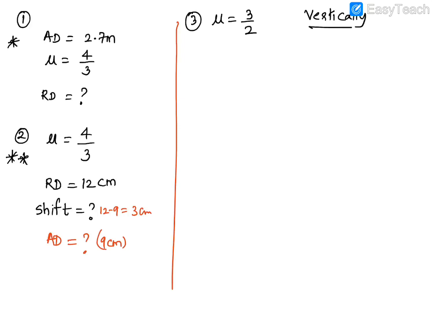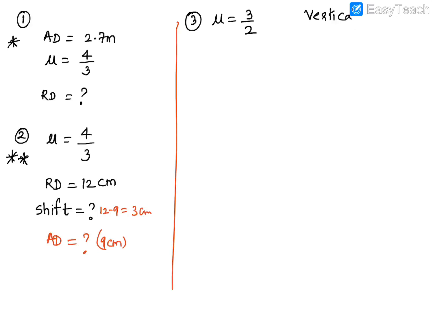When they say vertically above, the question is whether you're looking perpendicularly, normally from above, because then there will be no refraction in that case. Anyway, guys, we'll assume that there is a refraction, so I'll avoid all this confusion.